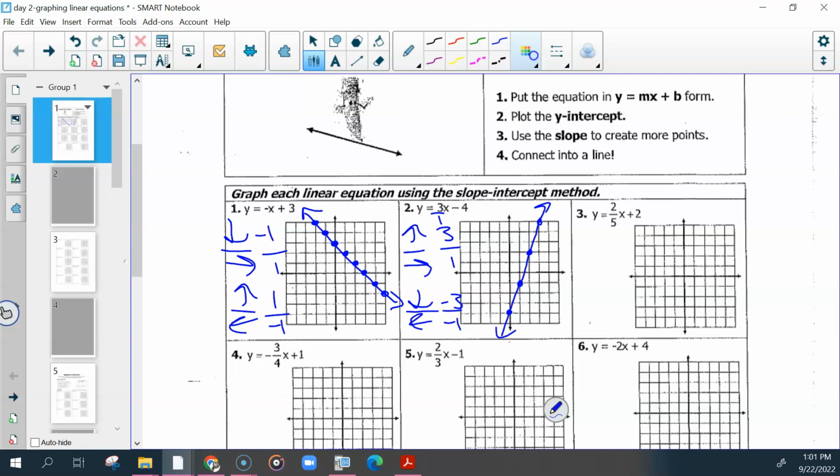If we have a fraction, we don't need to make up numbers. We're just using the numbers in the fraction. So we would have a y-intercept of 2, slope of 2/5, and it's positive again. So again, up to the right 5, or down to the left 5, as many times as you can.